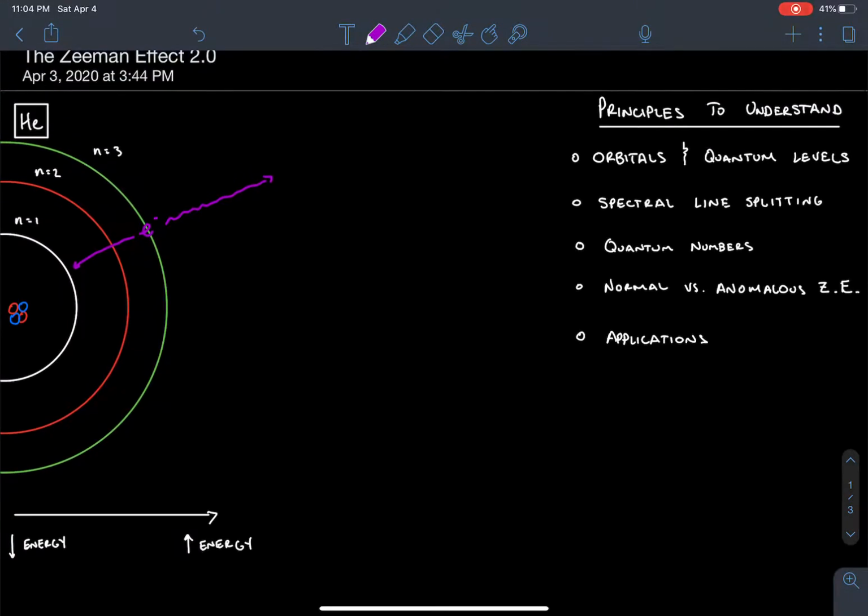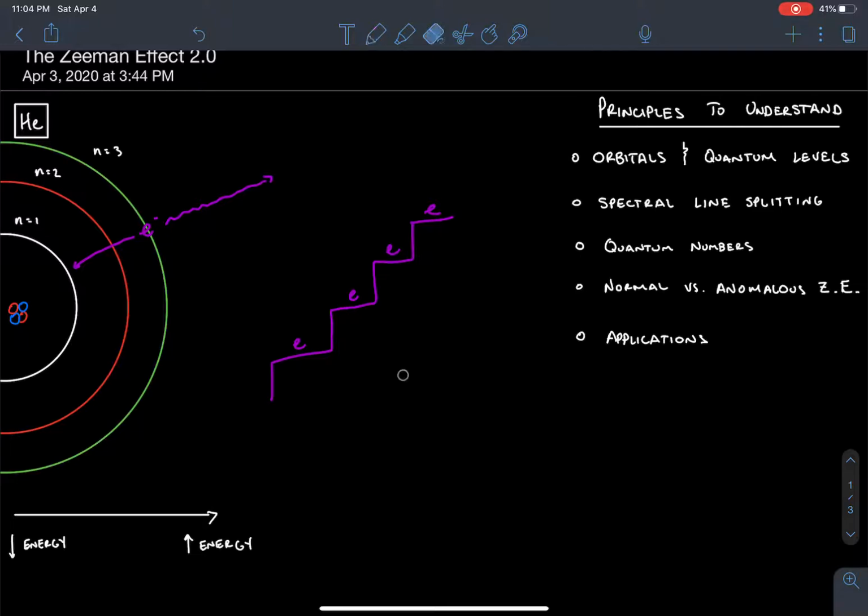And the cool thing about that and quantum levels in themselves is that quantum levels are defined as specific locations or specific distances from the atom of where the electron will be.